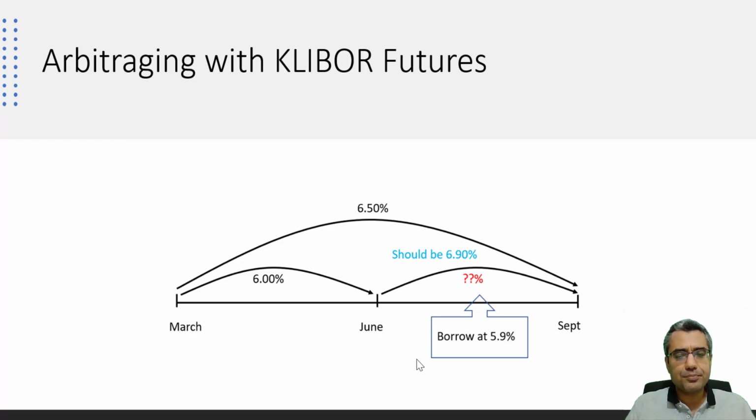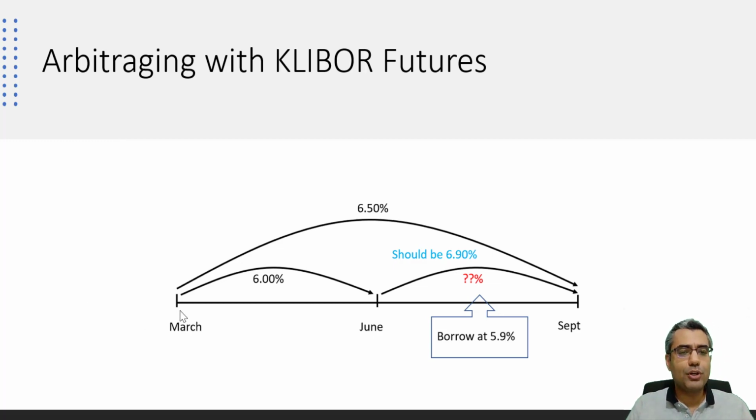Let's have a look at this timeline. So June KLIBOR futures means that it's the interest rate on a 3-month period in June, right?